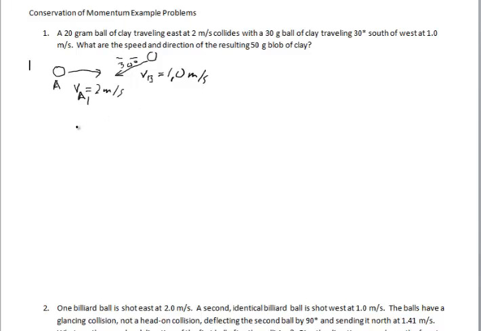All right. We're going to start with conservation of momentum. Total momentum initial equals total momentum final. So that would be PAI plus PBI equals PAB final. They're joined together.